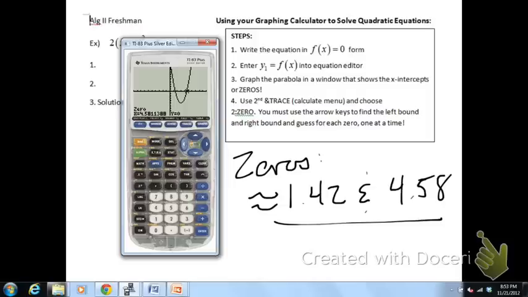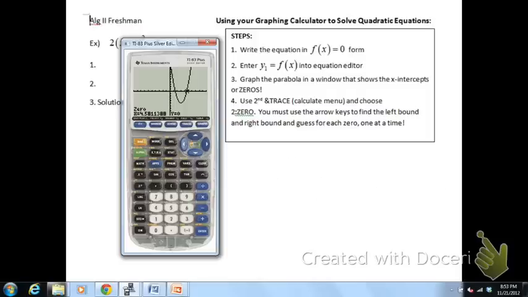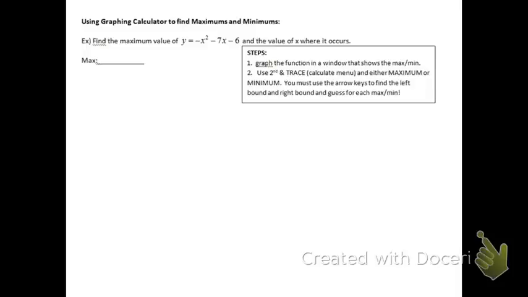Let's do another example where now we're going to use our calculator to find a max and a min. So in this one, we're going to find the maximum value of this function and the value of x where it occurs. Now, ultimately, that's finding the vertex, right?